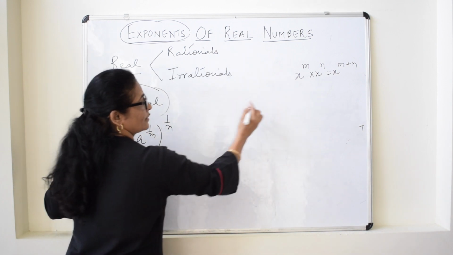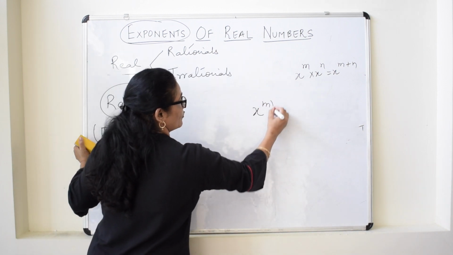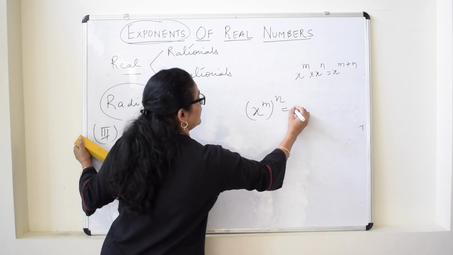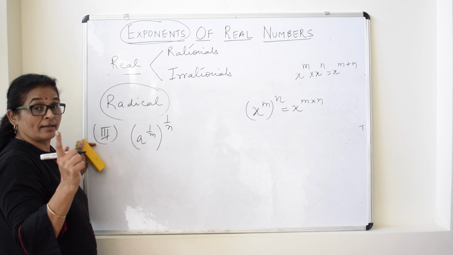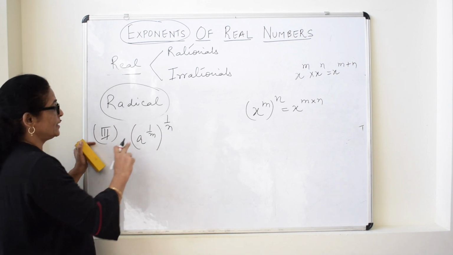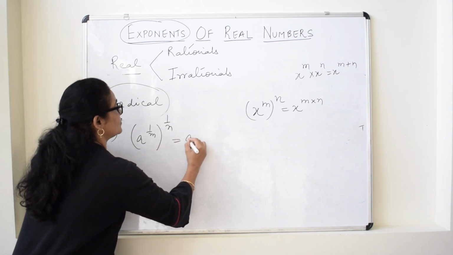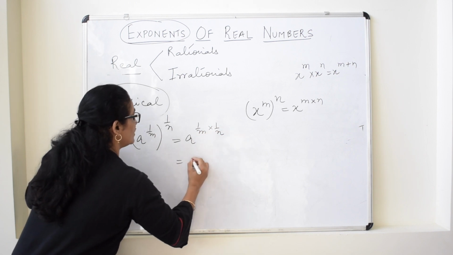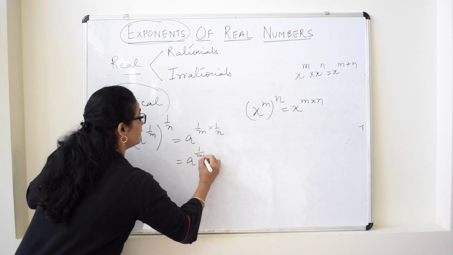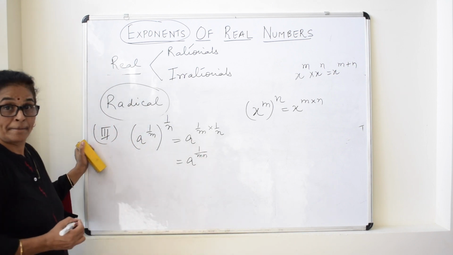What we had seen, the third law, x raised to the power of m whole raised to the power of n will give us x raised to the power of m into n. Means the powers will be multiplied. Here also the powers will be multiplied. So ultimately it will be a raised to the power of m into n.